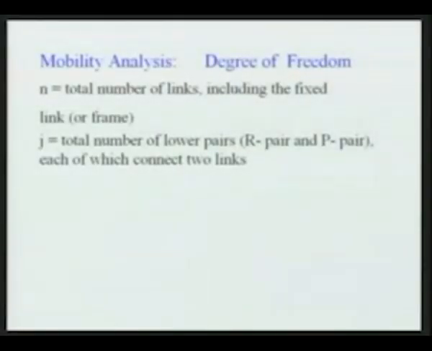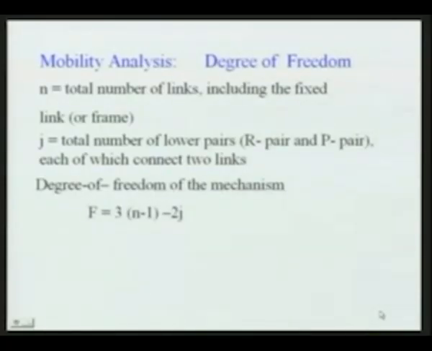So, if there are j kinematic pairs, 2 times j degrees of freedom are curtailed. So the effective degrees of freedom of the mechanism, f, is 3 times n-1 minus 2 times j.